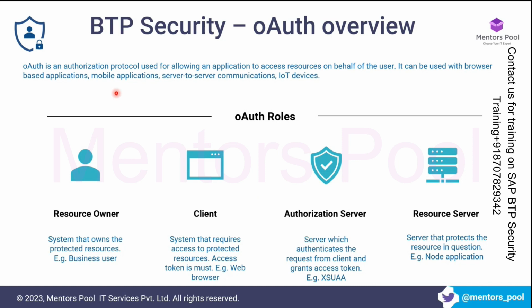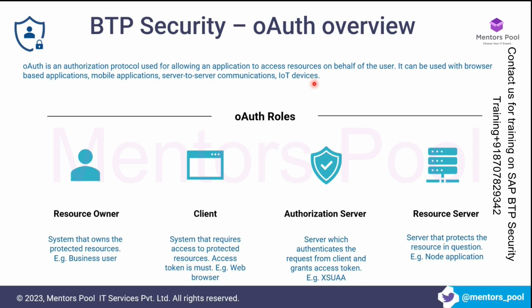OAuth is an authorization protocol. This means that users delegate their authorization to the apps they are trying to access. OAuth works with mobile applications, browser-based applications, server-to-server communications, IoT devices, everything.